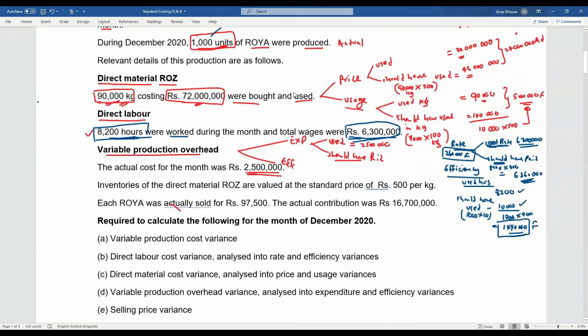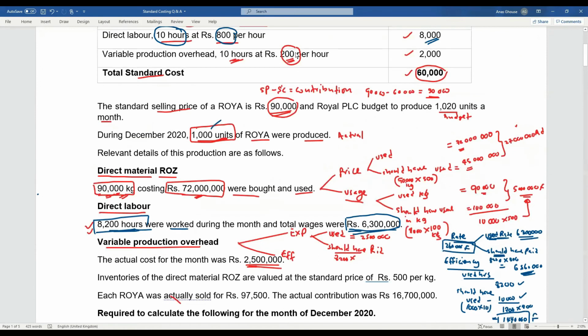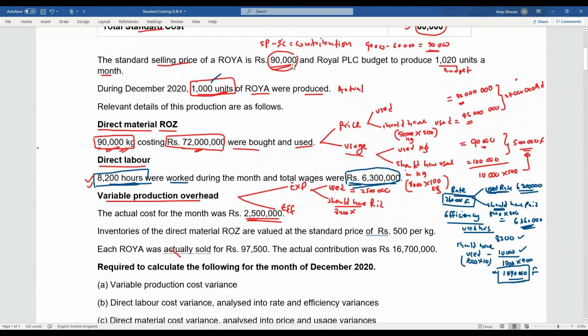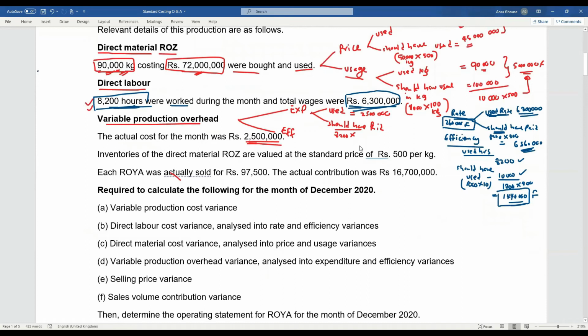During the period, we used 8,200 hours, and we absorb the variable production overhead at the rate of 200. So 8,200 times 200 will be 1,640,000.